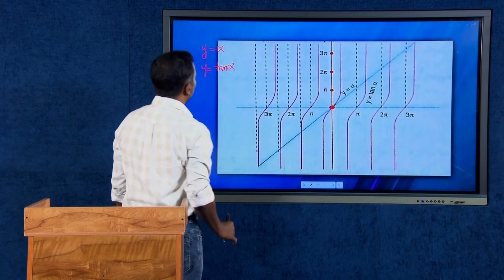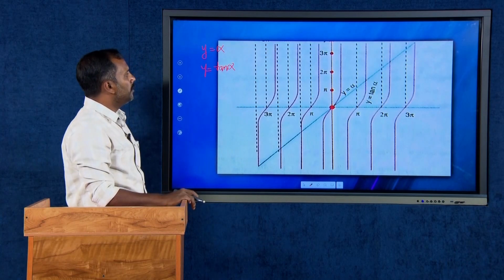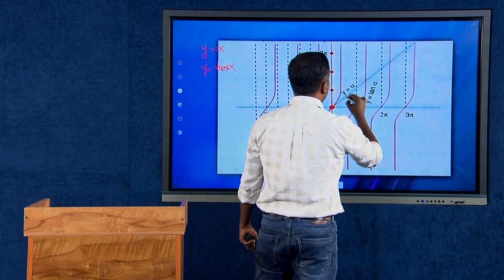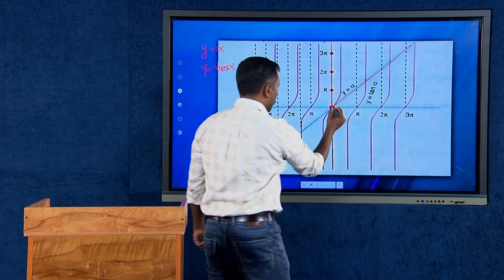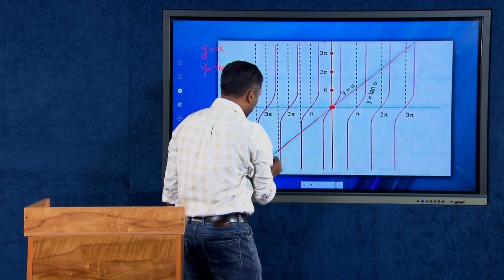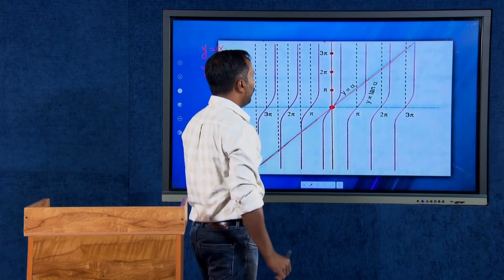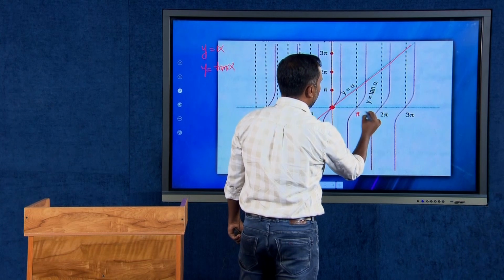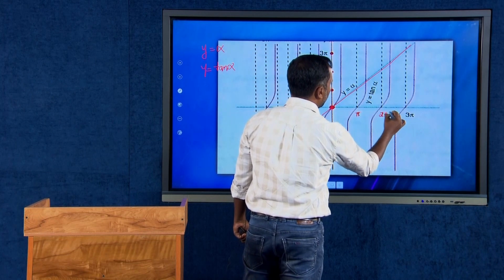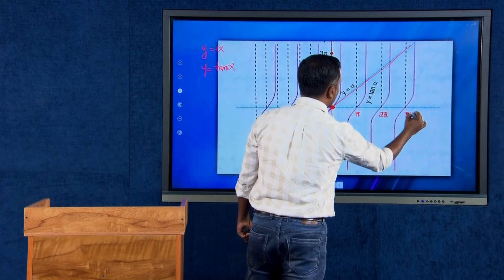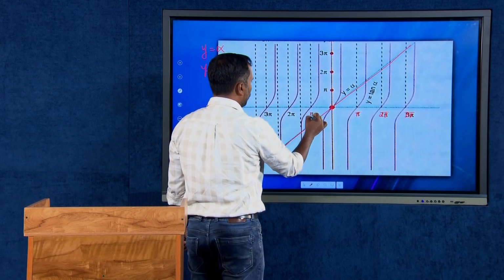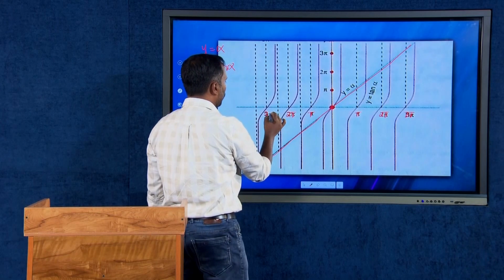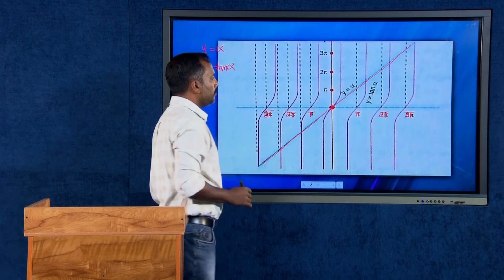If I draw the graph of y is equal to alpha, that will obviously be a straight line. So, this is the y is equal to alpha graph, and we are taking here plus pi, here 2 pi, here 3 pi, and so on. On the left hand side, here we will have minus pi, minus 2 pi, minus 3 pi, etc.